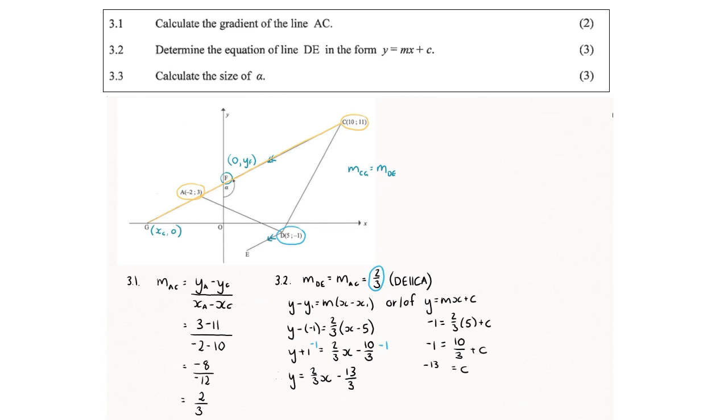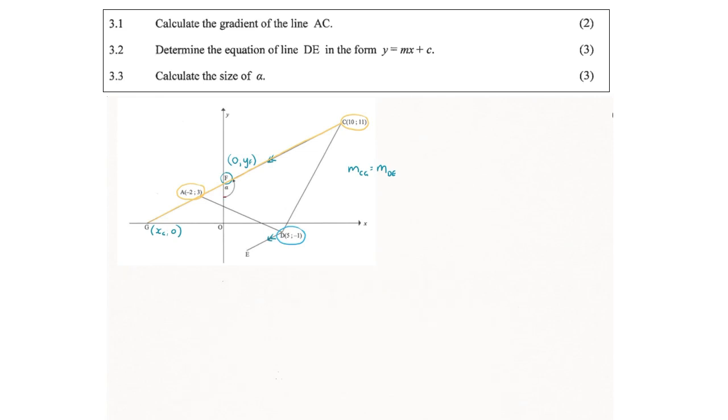And then we put this together with the gradient of 2/3 into y equals mx plus c, and that also gives us the equation of DE as y equals 2/3 x minus 13 over 3. Let's look at the mark allocation for this question. In both methods, you get 1 mark for the gradients equal, 1 mark for the substitution of m and the point (5; -1) into the equation of the straight line, and then 1 mark for the final equation.